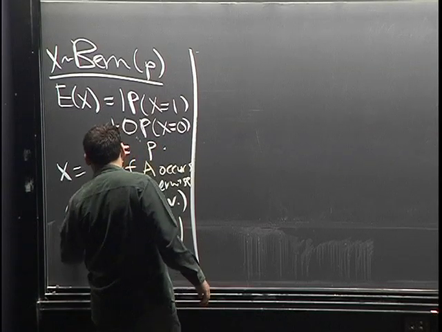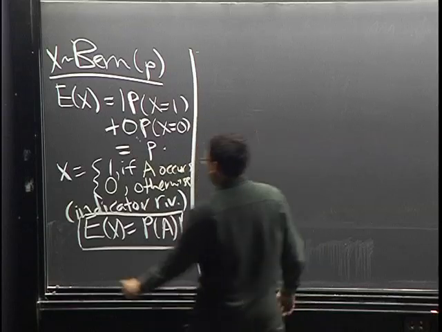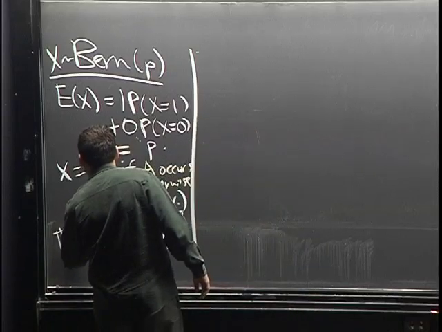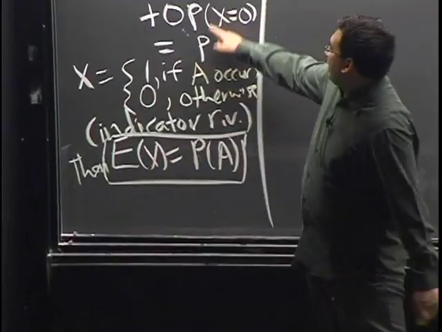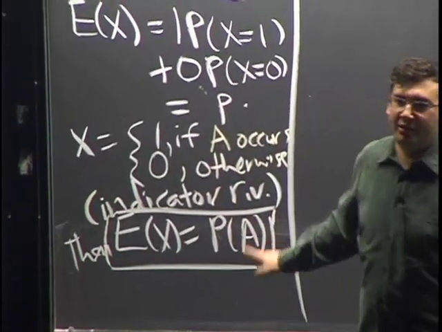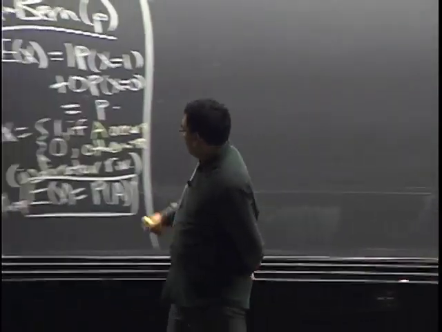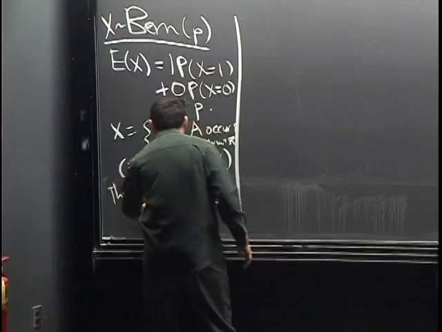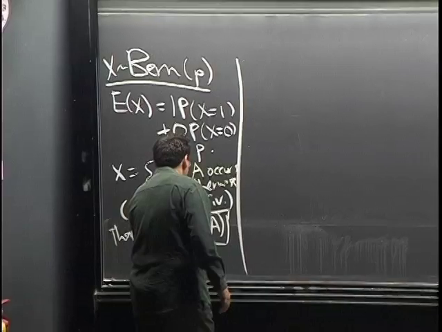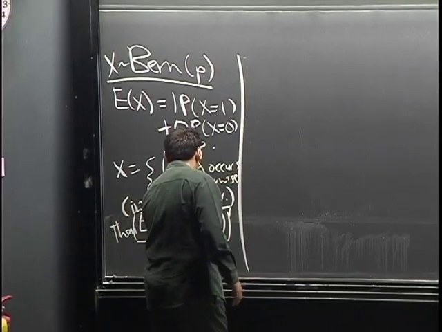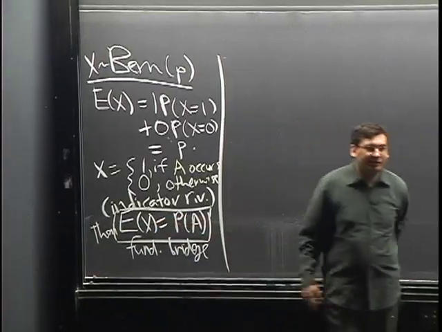Very simple looking equation. Well, that's just the same thing. The expected value is p, and p is the probability of A. So very, very simple. But I actually think this equation is pretty fundamental. I call this thing the fundamental bridge, which is kind of an overly grandiose name for such a simple little equation.